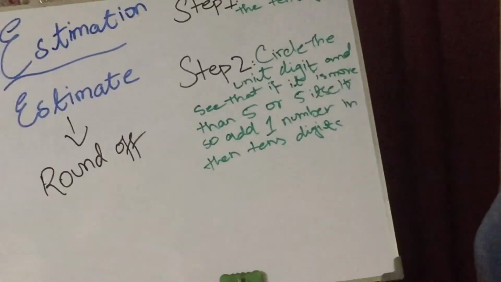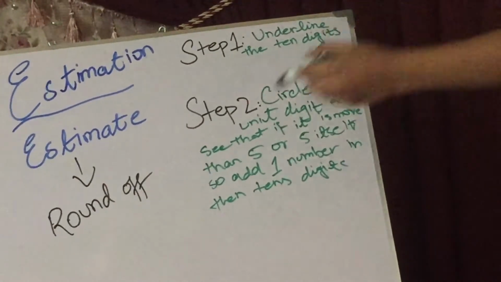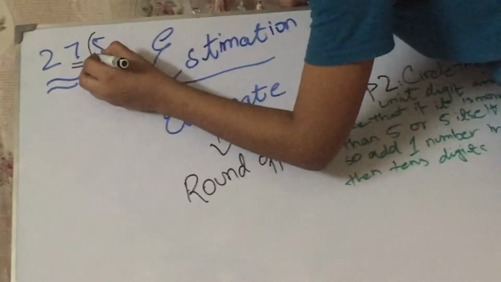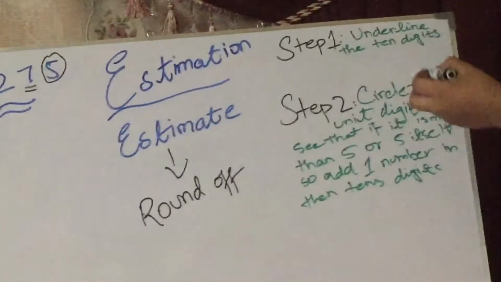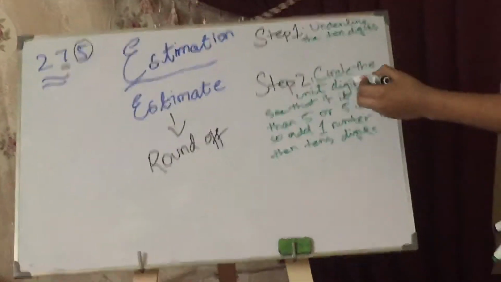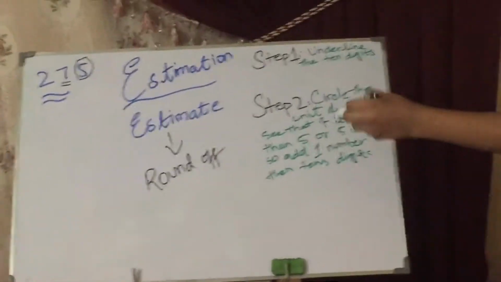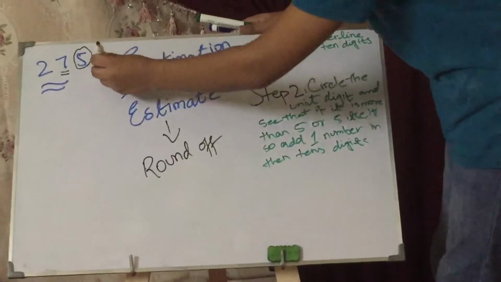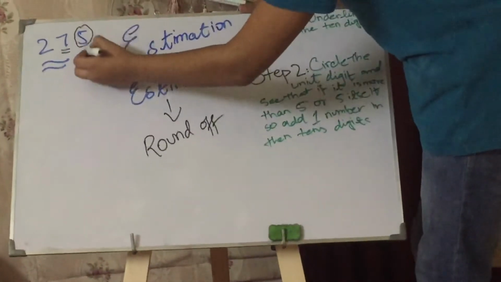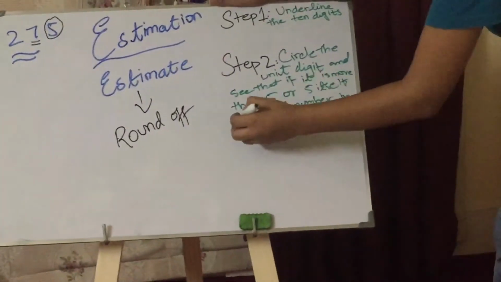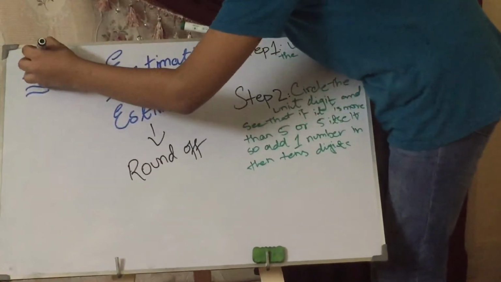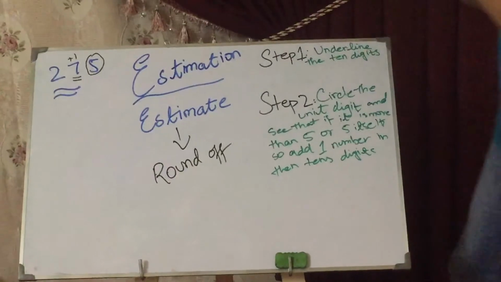So what does step 2 say? Circle the unit digit and see if it is more than 5 or 5 itself. The number is 5 here, so add one number in the tens digit. So we added plus one in this.